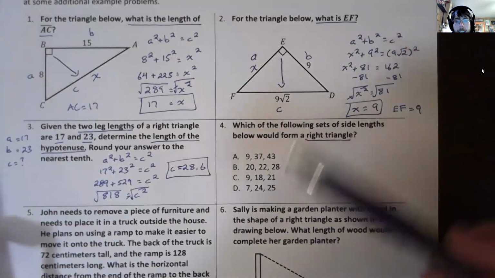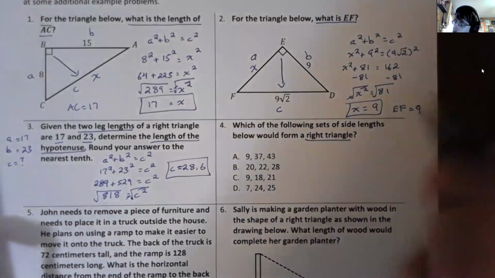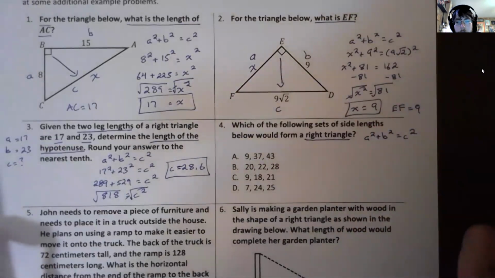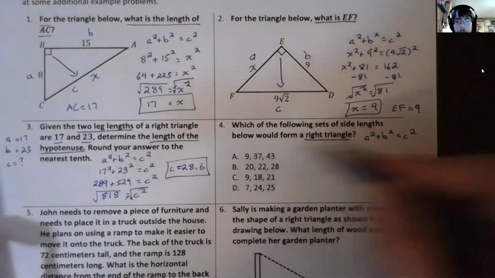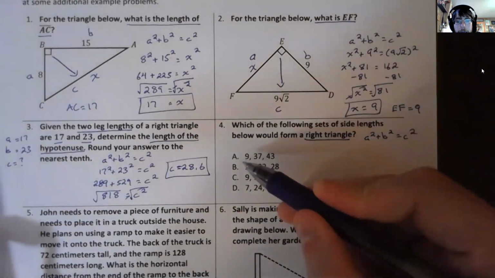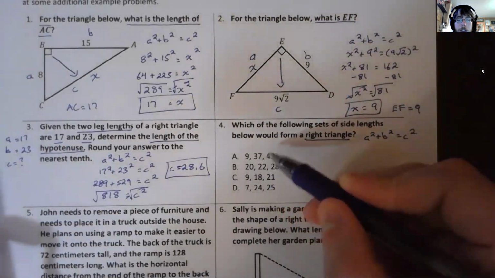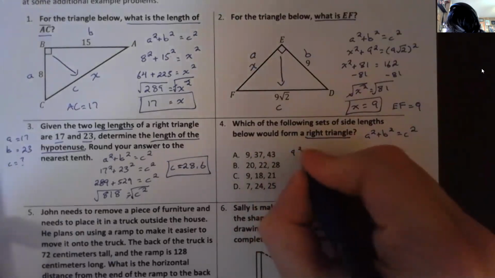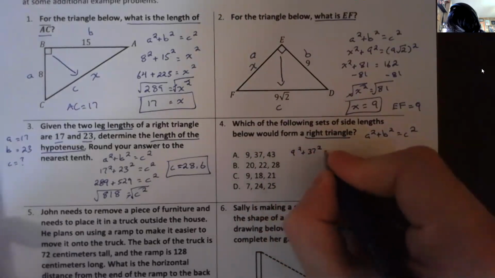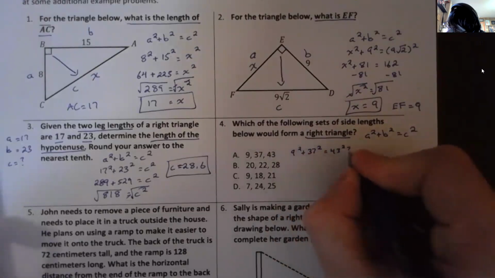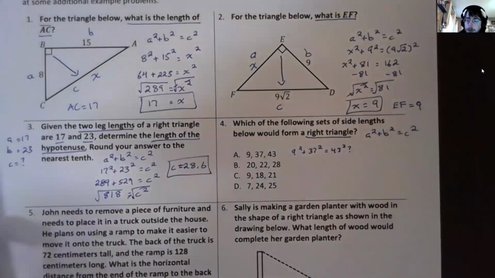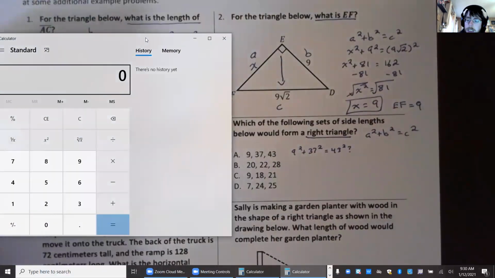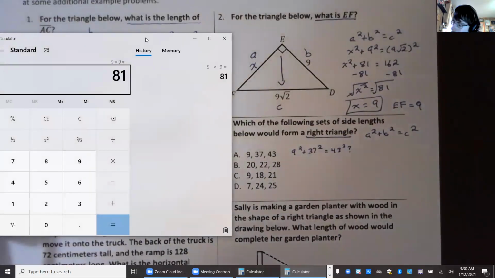Again, we need to see if a squared plus b squared equals c squared. So what we're going to do here is do our a, b, and c. In choice A, we have 9, 37, and 43. So our c value would be 43. So we know that 9 squared plus 37 squared, is it equal to 43 squared? In our calculator, 9 times 9 is 81.